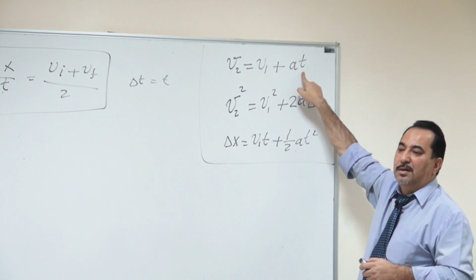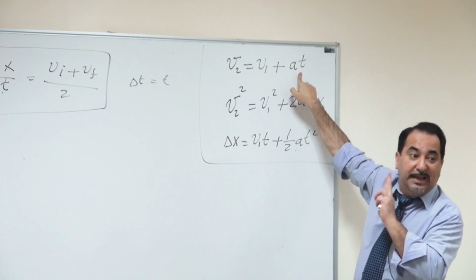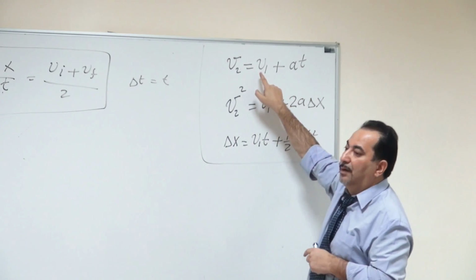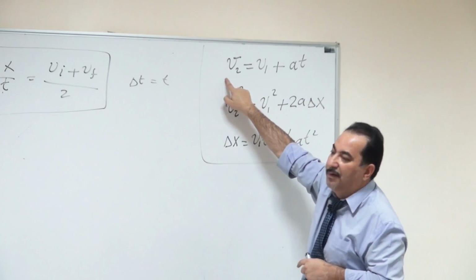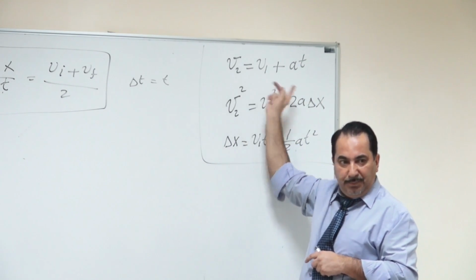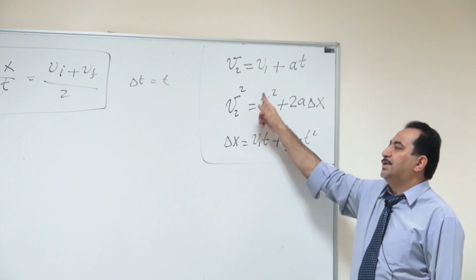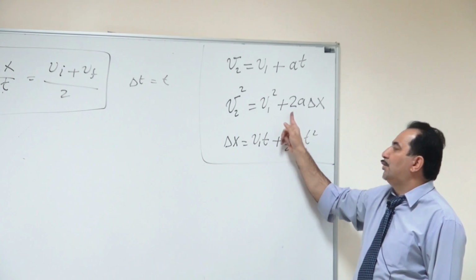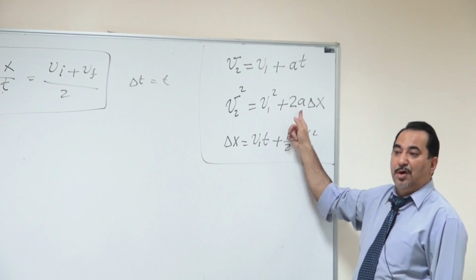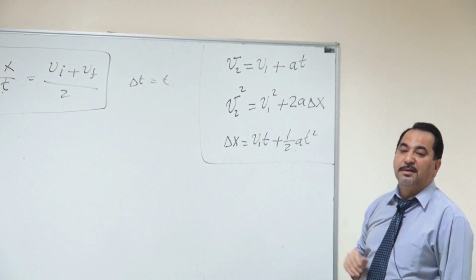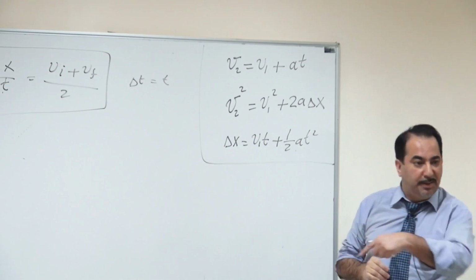What is this? Well, this is delta t, yes? Between initial velocity and final velocity. Time difference. This equation, initial velocity square plus twice acceleration, which is constant, delta x displacement.